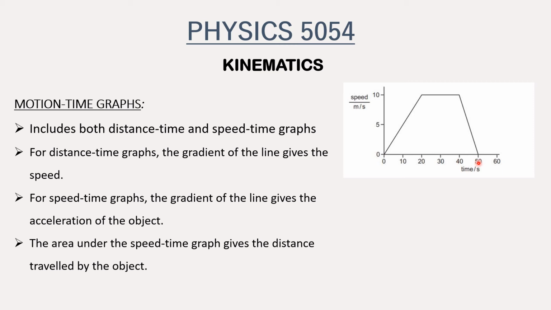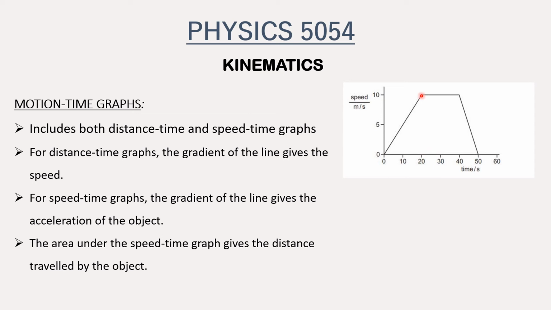Now, applying the key points that we learned here, we can see that this line right here, we can calculate its gradient, and as we know, in speed time graphs, the gradient of the line gives the acceleration. So using this figure, it is possible for us to find the acceleration of the object. Can you try? Well, as we know, for a straight line passing through the origin, it is very easy to calculate the gradient. We can do so simply by selecting any coordinate here and dividing its y coordinate by its x coordinate.